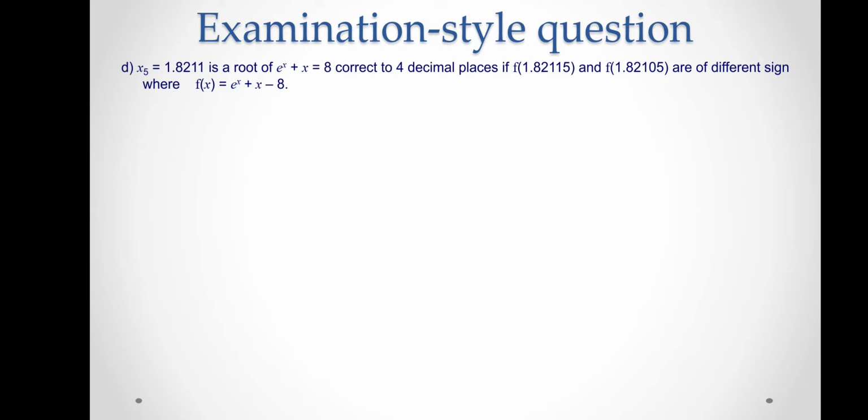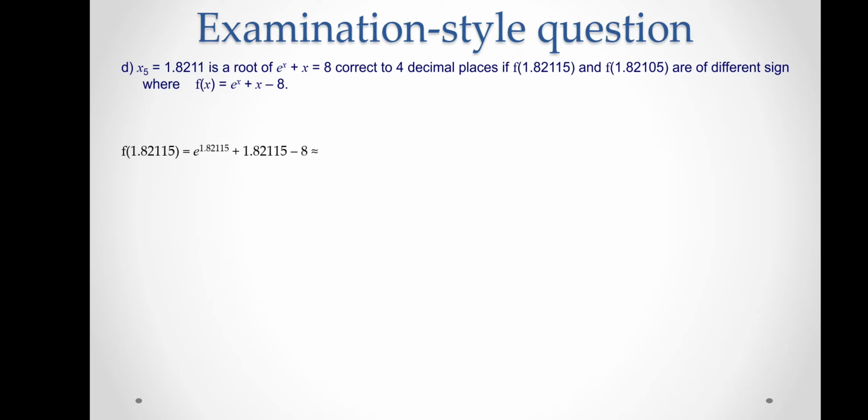To show that, we have to show the sign change of that root. That means you have to take an upper bound and a lower bound of that root and check whether there is a sign change or not, right. So the upper bound of the root is 1.82115 and the lower bound of the root is 1.82105, right.